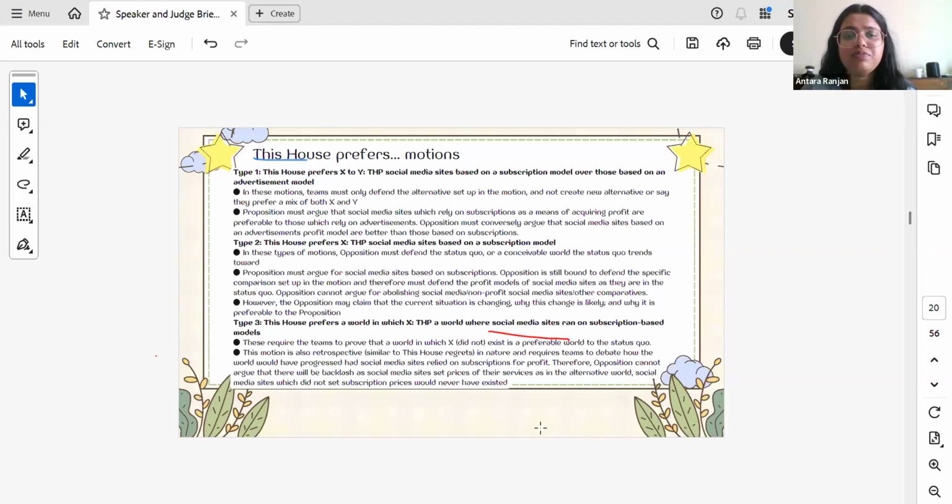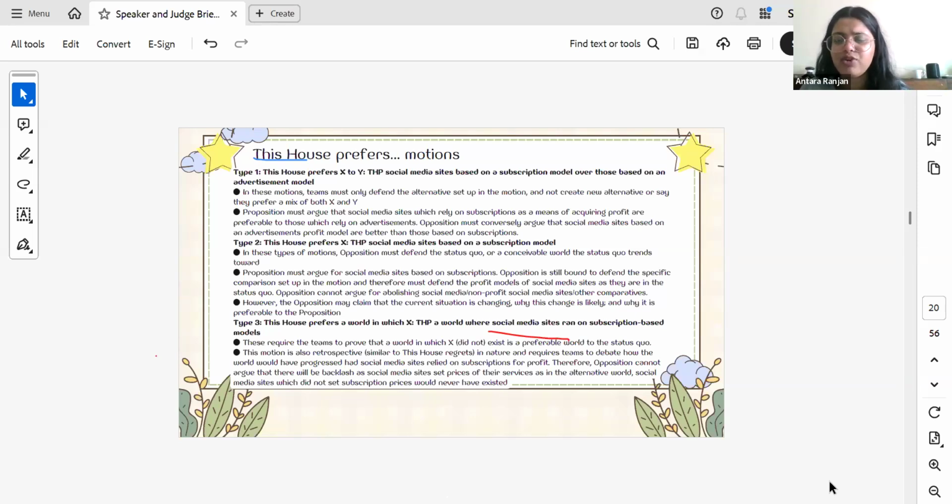Then you have this house prefers a world in which X happens, right? This house prefers a world where social media sites run on a subscription based model. How does this differ from the earlier two types? So the first one gives you a clear comparative. We want a world where subscription-based social media sites exist.